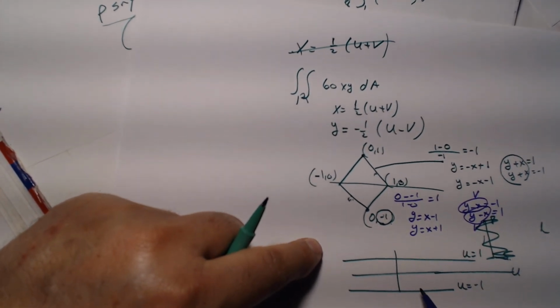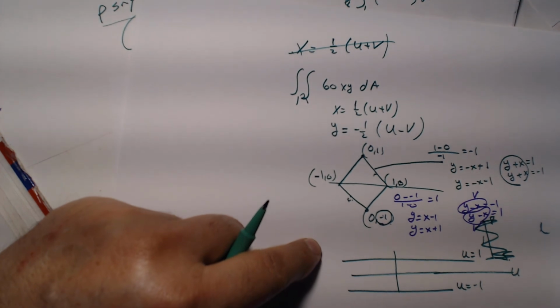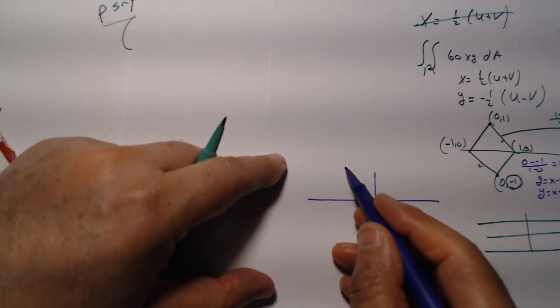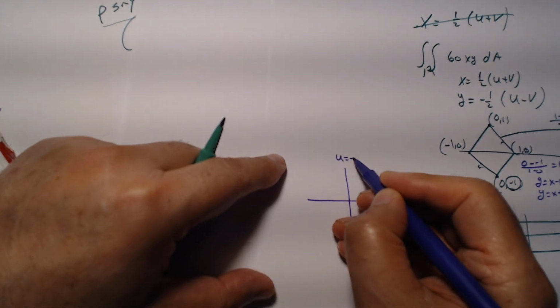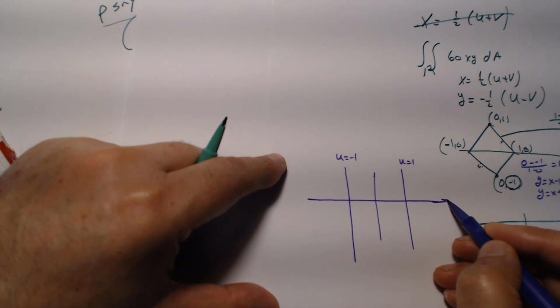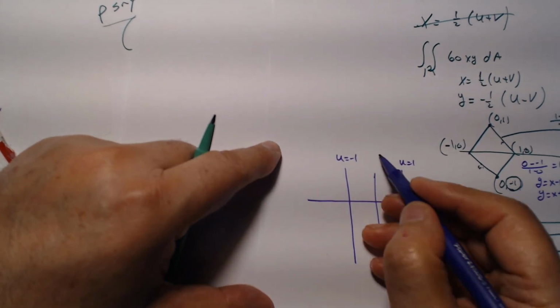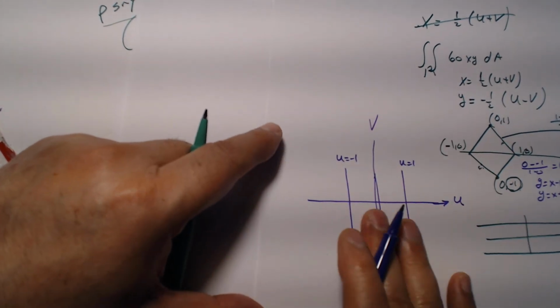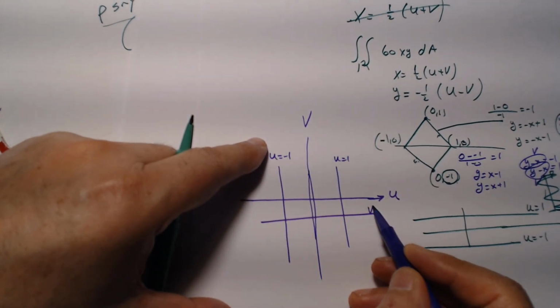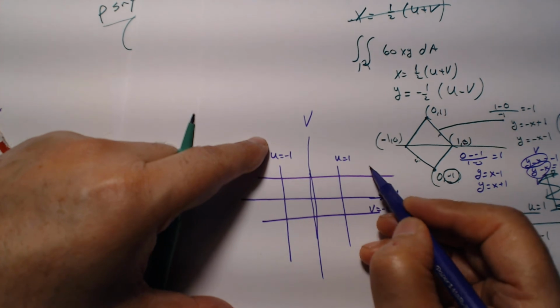Therefore, my v goes, oh, I made a mistake on that u, I'm sorry. Your u is the x-axis. I go from negative 1 to 1, because I call this one a u-axis. This is a v-axis, and my v-axis, I go from negative 1 to 1.